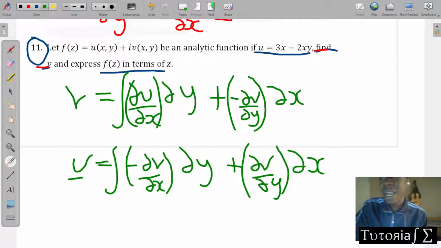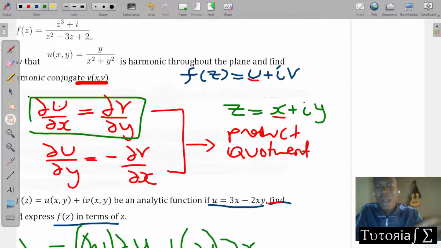All right, let's solve the first example. So the first example, we are given that v is equal to that. So we've checked that it is a quotient, so we can choose either of our Cauchy-Riemann equations.